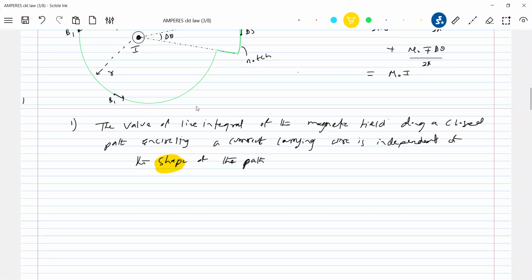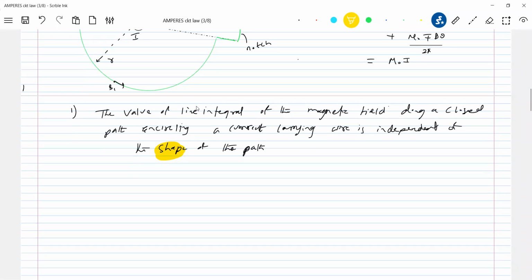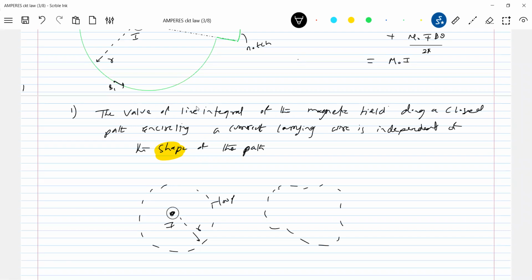So is it justified now? Once again, what is the value of b bar dot dl if the path is a circle? Here the path is a circle. There's a loop. Then another student, what happens? He will draw the loop like this. He will deform it. Then what is the current enclosed? Let it be I. It's a long wire again, not some current element.